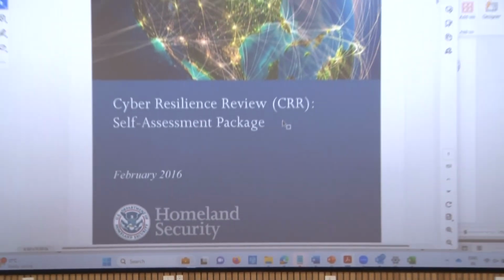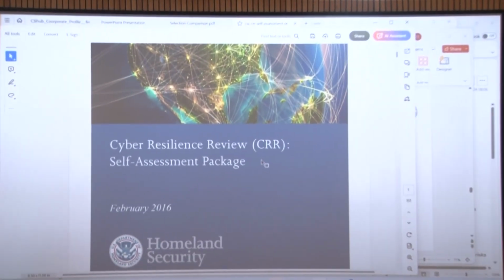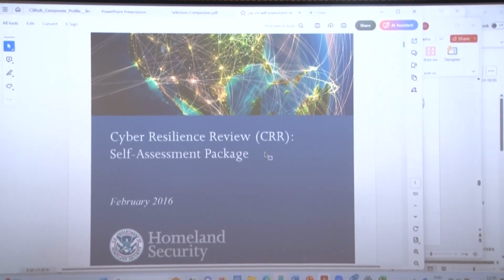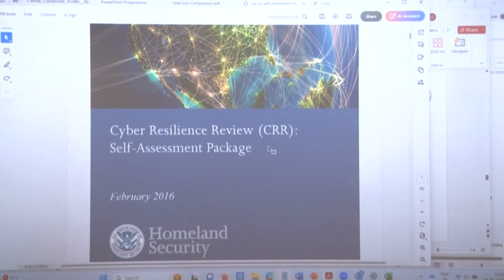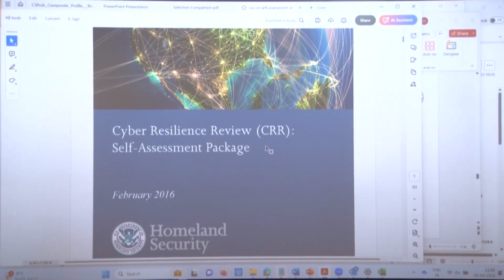So, good morning. We were talking about cyber resilience review. What I want to do first today is to show you a cyber resilience review we did for IIT Kanpur in the previous version of this class, where the class was divided into 10 groups. Each group did one of the domains, right?